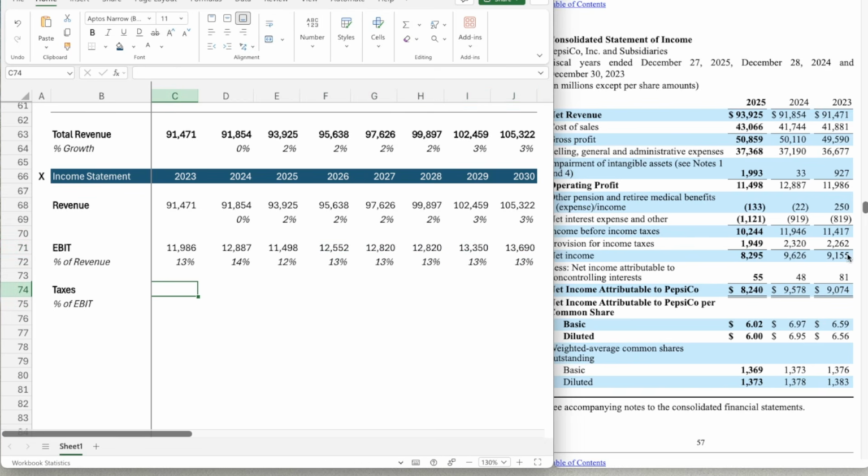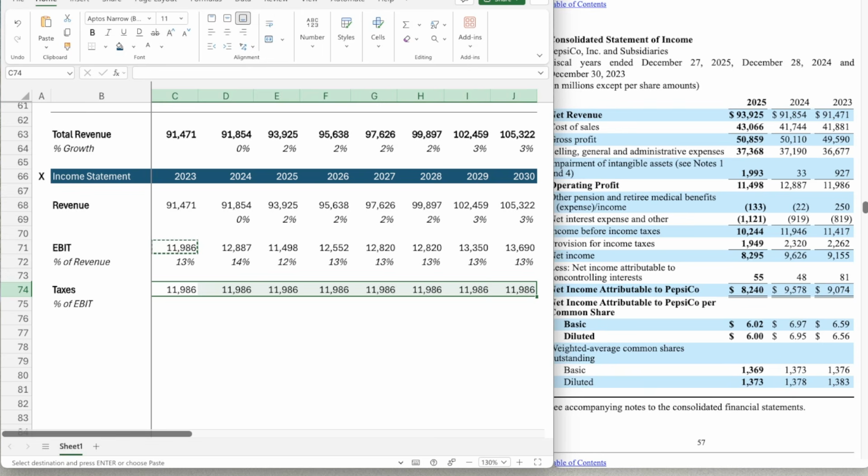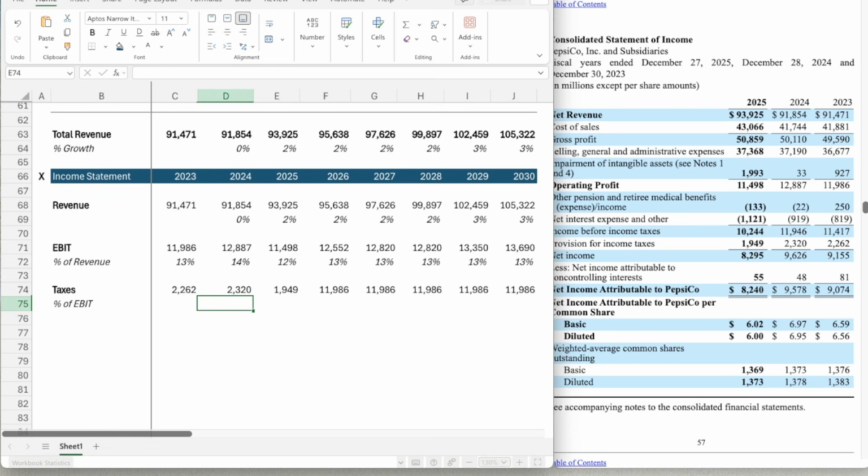For taxes, we use this provision for income tax. 2262, 2320, 1949.